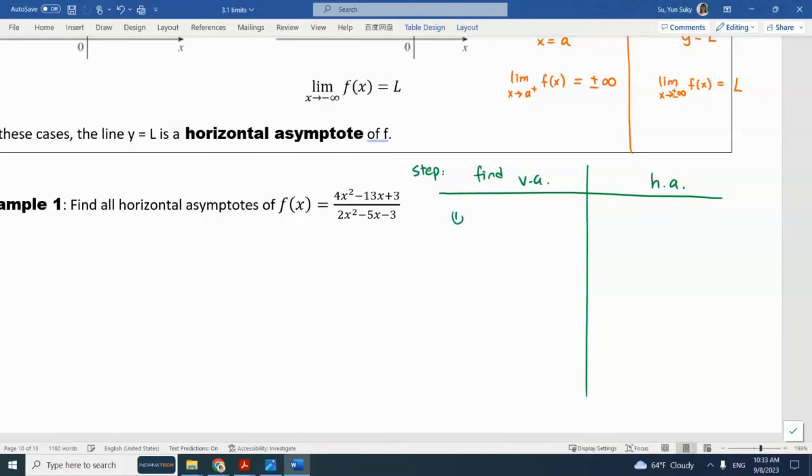So remember, what's the first step when you find vertical asymptotes? Factor. The second step, find the domain. And third, for each number outside of the domain, you check the limit.